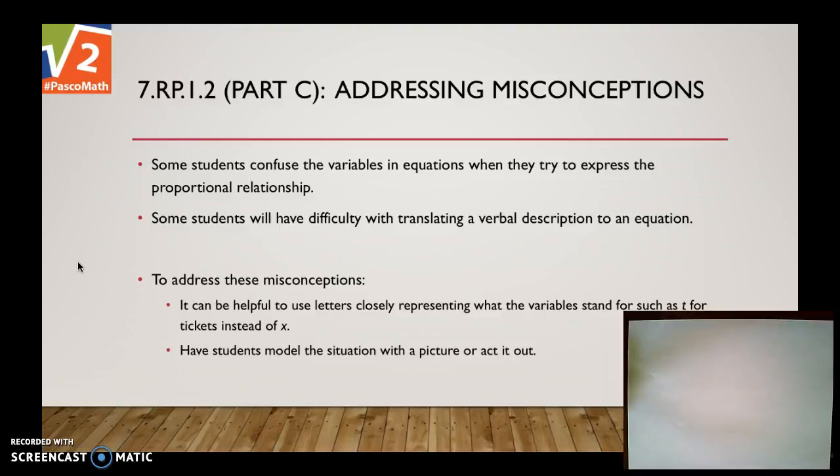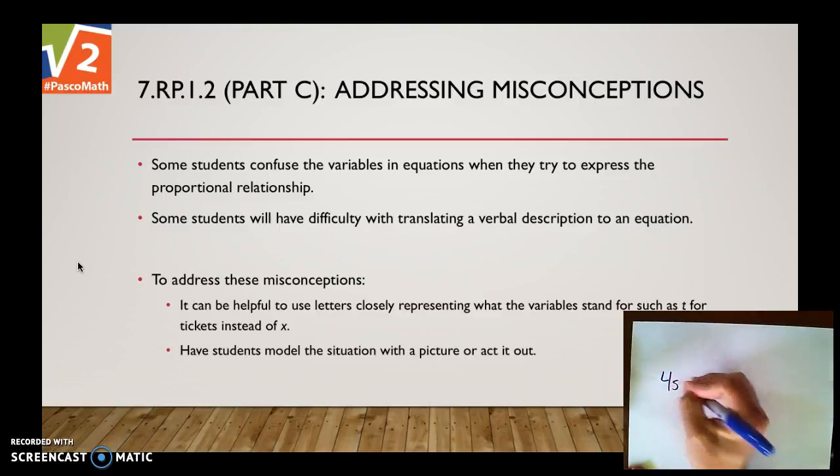And so if students are having difficulty with translating a verbal description to an equation, let's say they're trying to translate the situation of there's 4 times as many sodas as there are people. And so some students might go with 4S equals P, because we said there's 4 times as many soda as people.